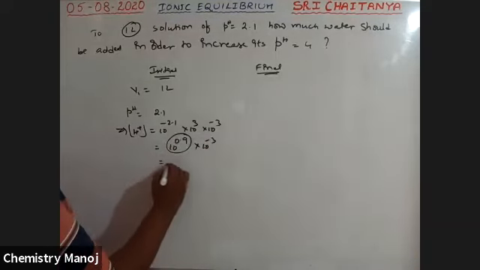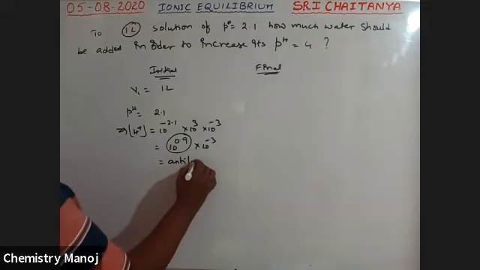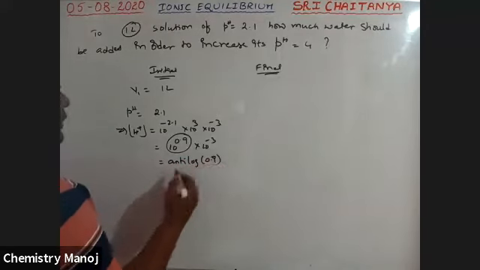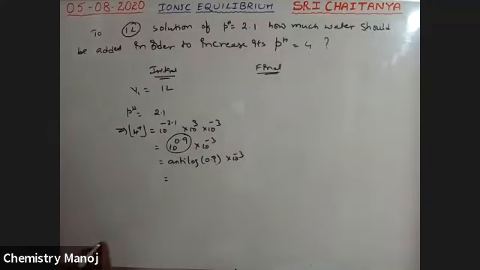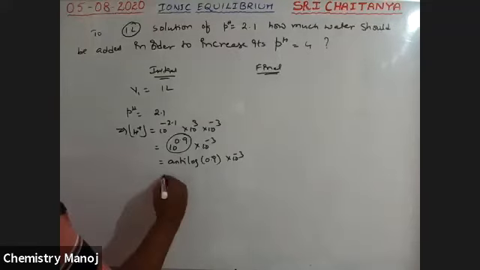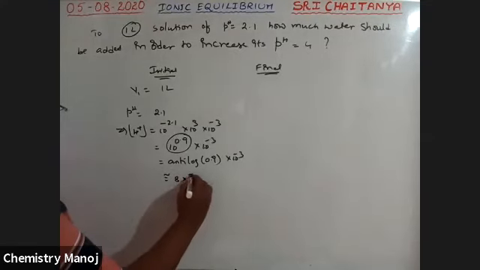The anti-log of that, with a positive value, into 10 power minus 3, is finally roughly 8 into 10 power minus 3.